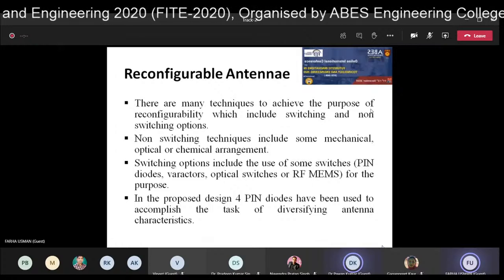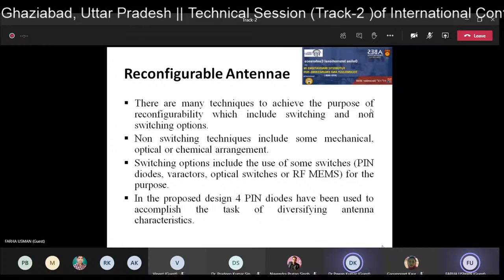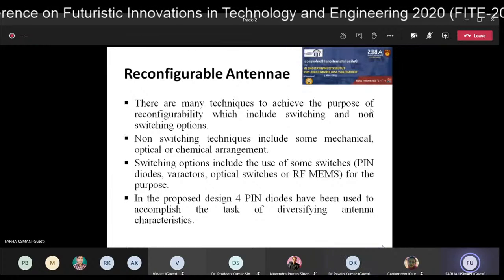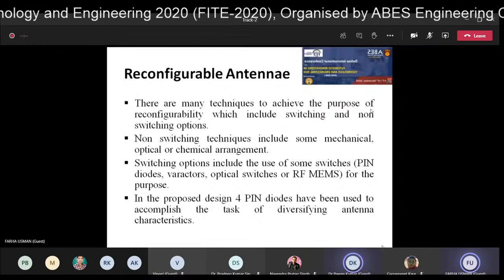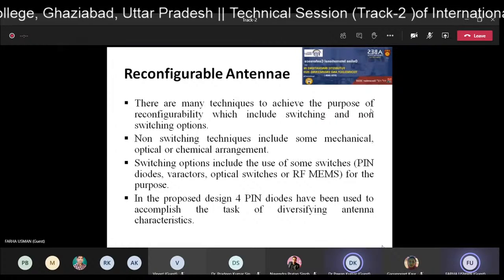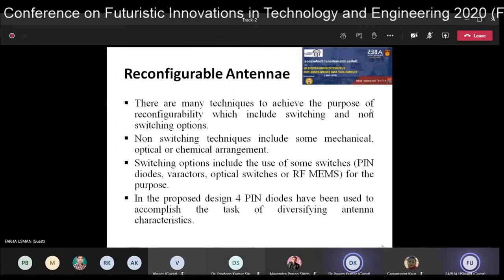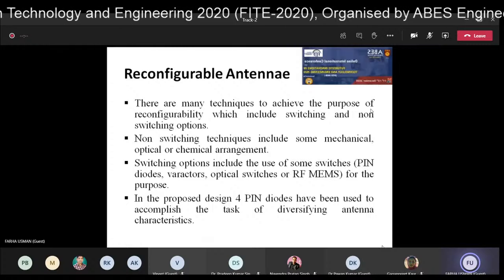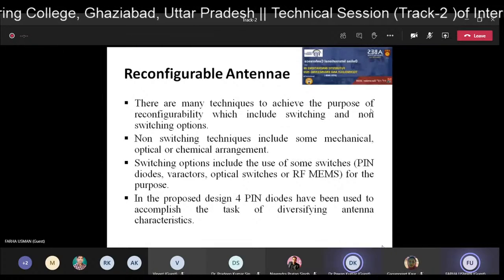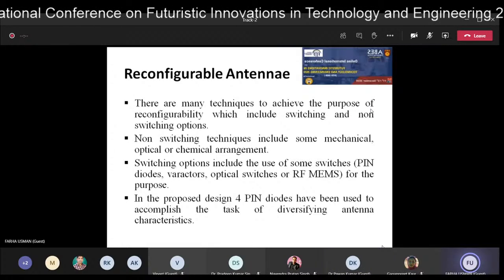There are many techniques to achieve reconfigurability, which include switching as well as non-switching options. Non-switching techniques include some kind of mechanical, optical, or chemical arrangement, whereby we alter the property or material of the antenna, which in turn changes the permittivity or permeability of the dielectric material or the substrate.